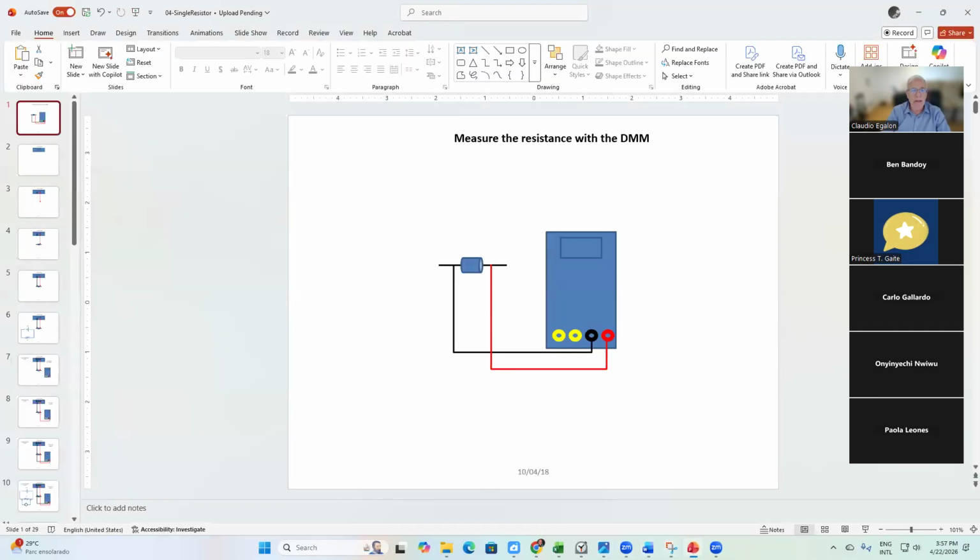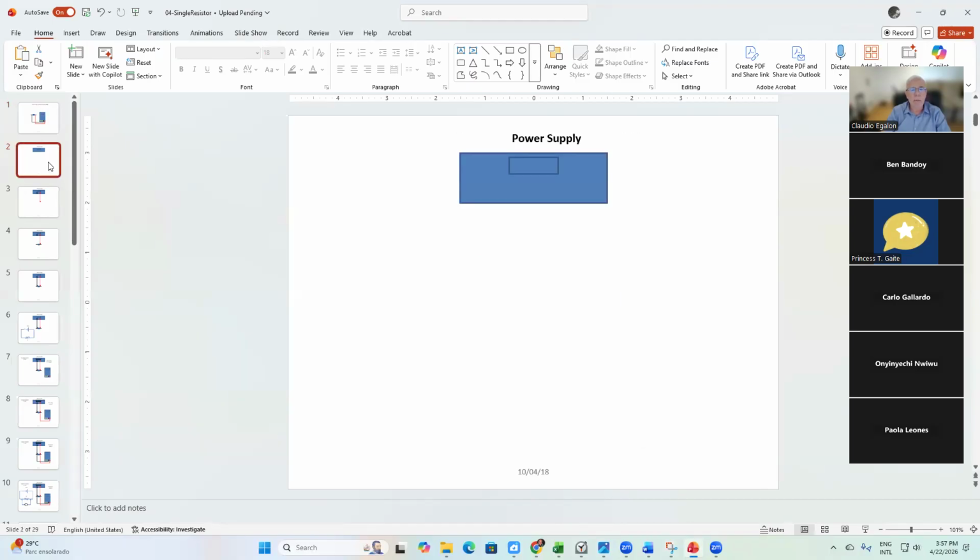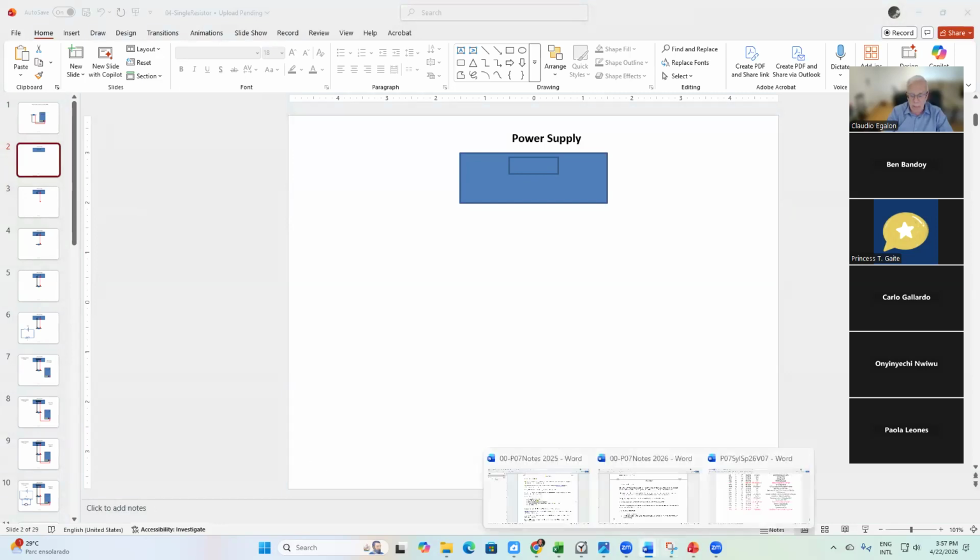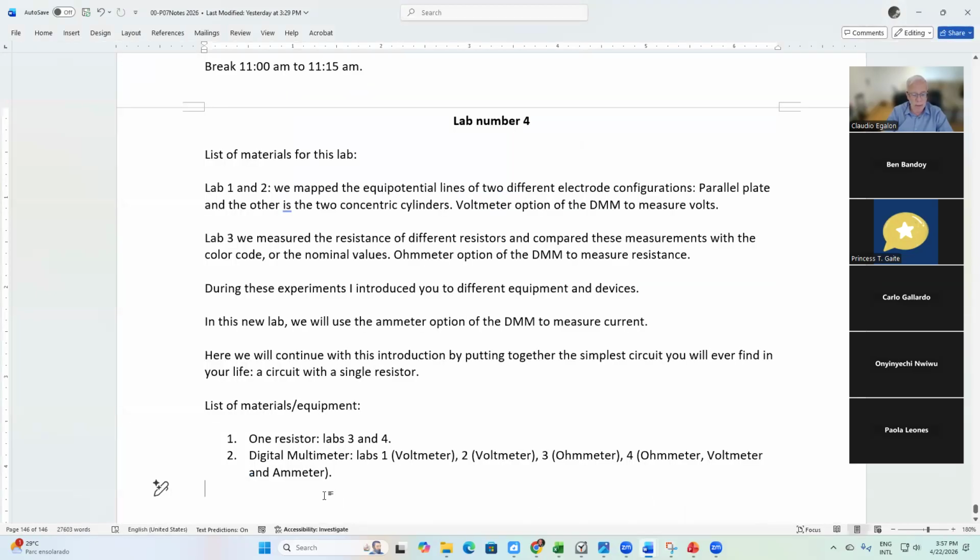Okay, next. Oh, I already showed the spreadsheet, right? We start with the power supply, which is the battery, right? We use power supplies in all the 3 previous labs, and we're using it in this one as well.